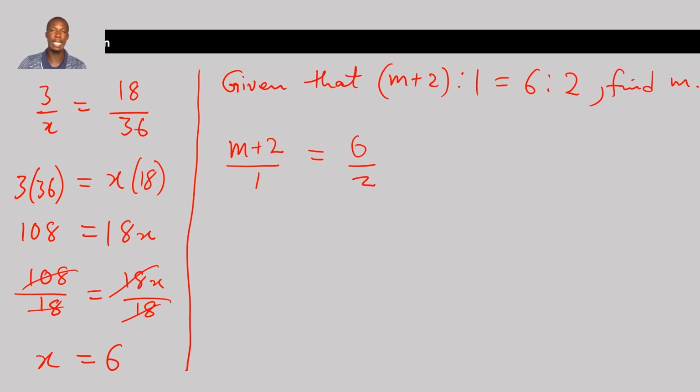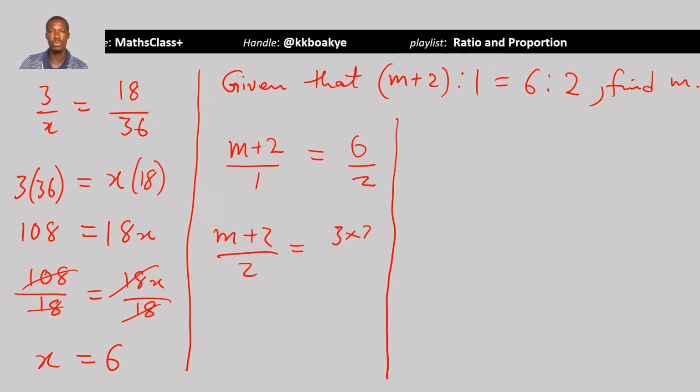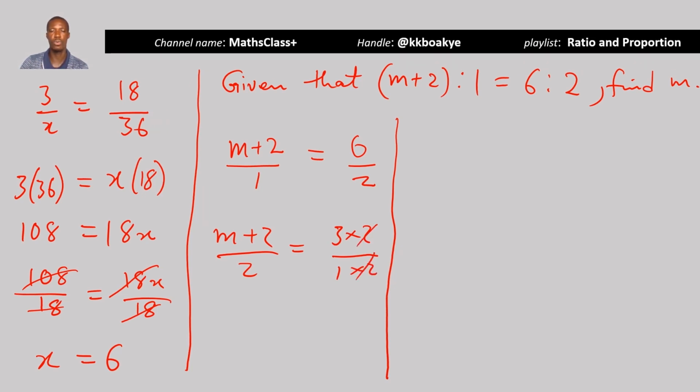As I said earlier, once we have this to be over 1, using the first method, we can choose to make the second part 2 over 1. So we have m plus 2 over 1 being equal to 3 times 2 divided by 1 times 2. So 2 and 2 will go away. Oh, this side is over 1, sorry.